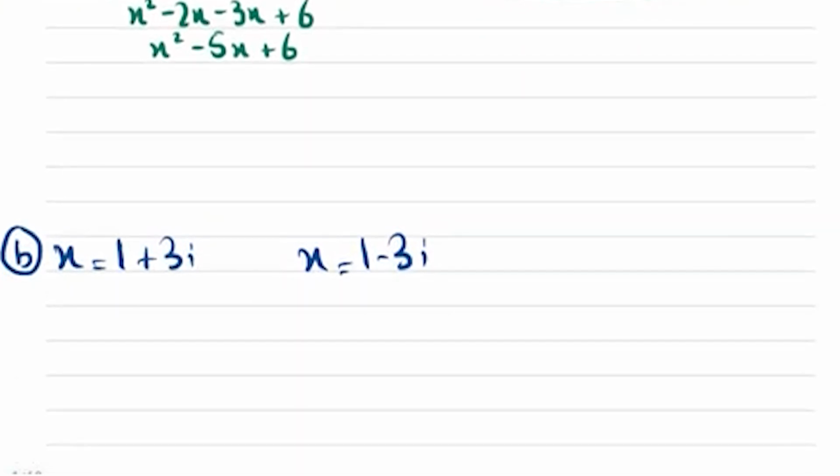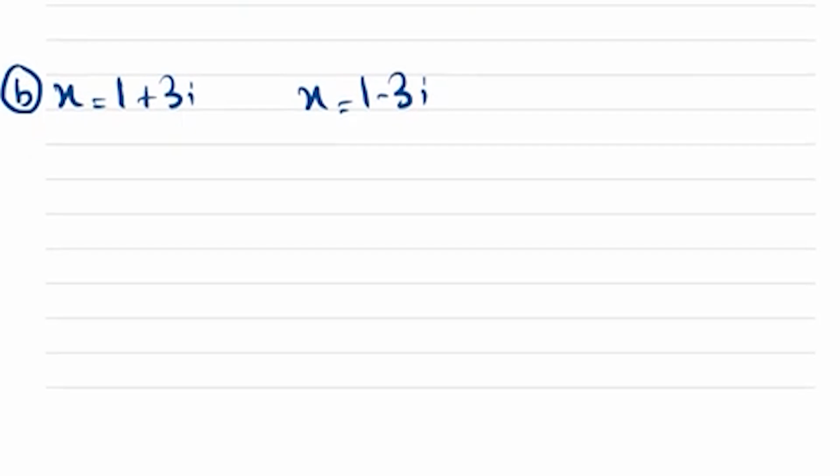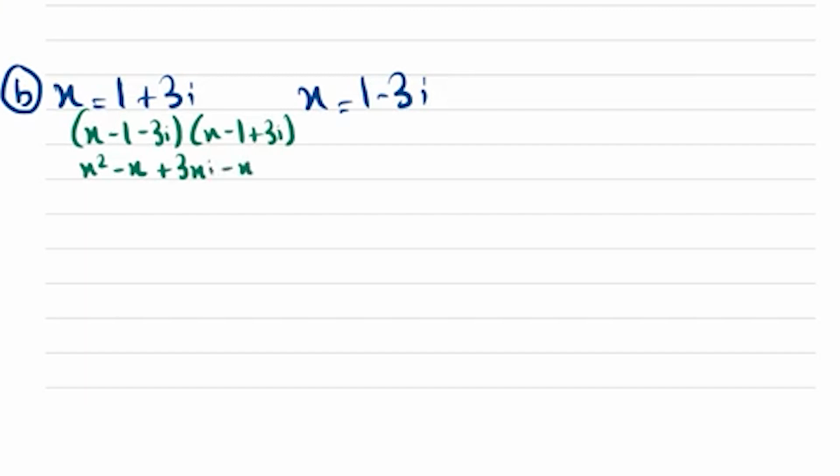Whenever I see two complex numbers and I need to form a quadratic equation, how will I do that? Instead of doing this method, x minus 1 minus 3 iota, then x minus 1 plus 3 iota, then multiplying it, x squared minus x plus 3xi minus x plus 1 minus 3i minus 3xi plus 3i minus 9i squared.